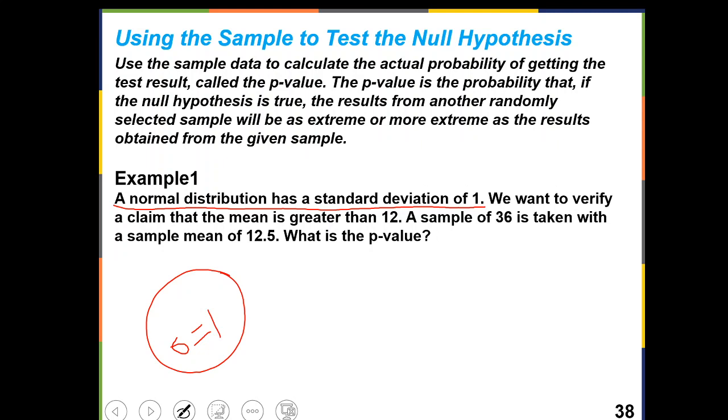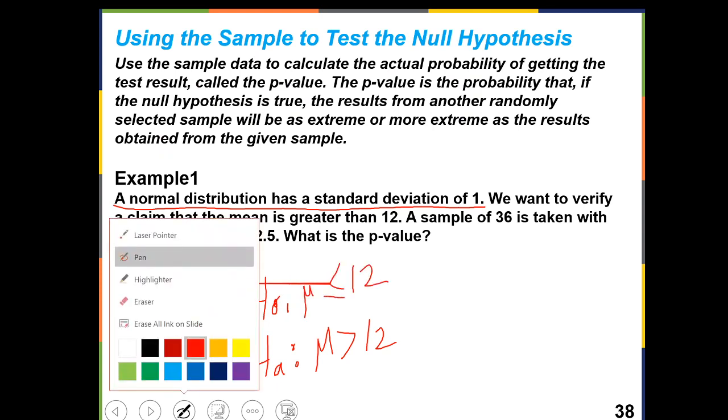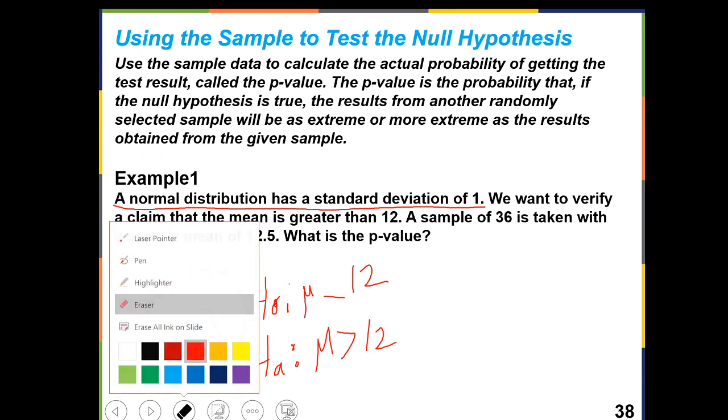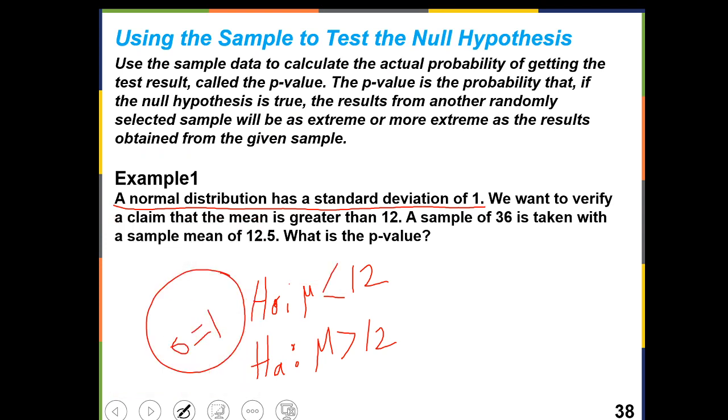So the alternative hypothesis is that the mean is greater than 12, which means the null hypothesis is mu is less than or equal to 12, right?